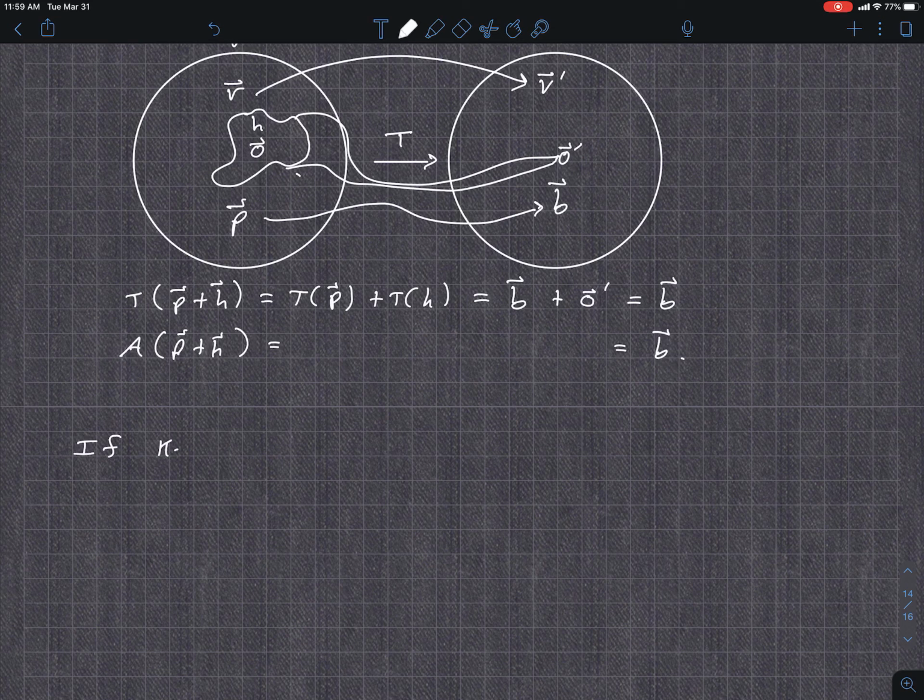So if the kernel of T is equal to just the 0 vector, in other words, just 0 maps to 0 prime and 0 prime maps to 0, then T of x equal to b has at most one solution.